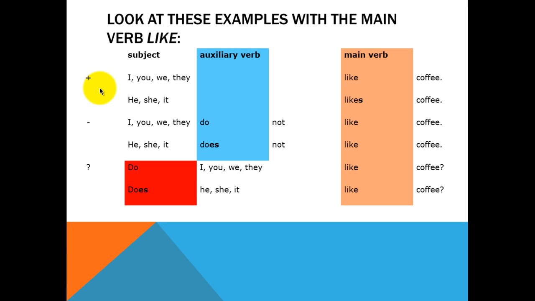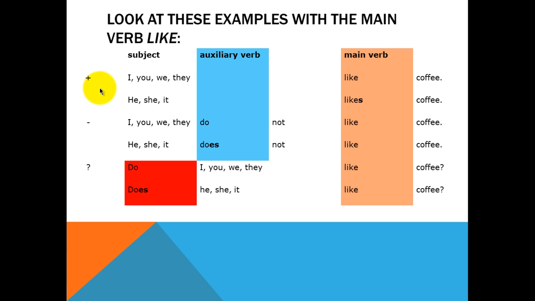Then we have he, she, it, which is known as third person. When we have third person, the main verb is going to carry an S or an ES. We'll look at the S/ES spelling later on in the video. So, he likes coffee. She likes coffee.